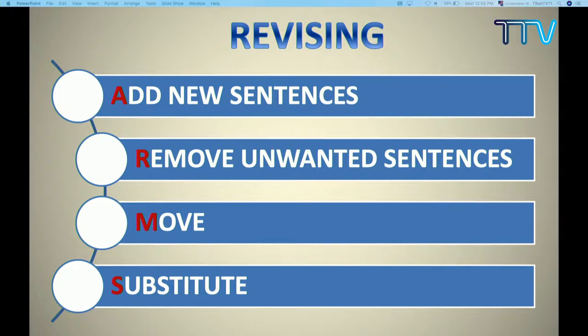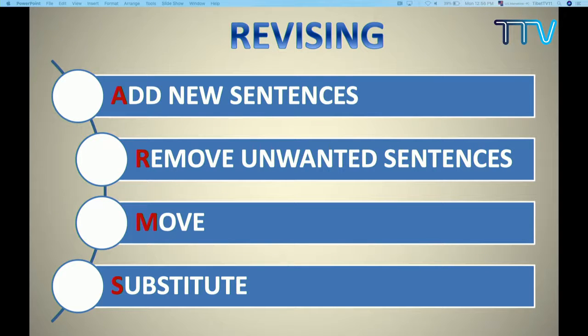So you add new sentences. We have learned so many sentences. If you see so many compound sentences and so many simple sentences, why don't you try a more difficult sentence, for example, a complex sentence or a complex-compound sentence. This is what you do in the revising stage.